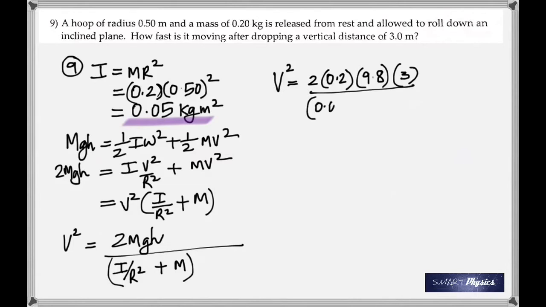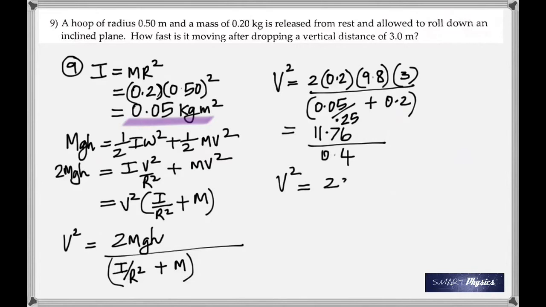That's 2 mgh. I is 0.05 by square of the radius is 0.25 plus the mass is 0.2 kilogram. That gives 11.6 by 0.4. That's 29.4. Take the square root of that and you get 5.42 meter per second.